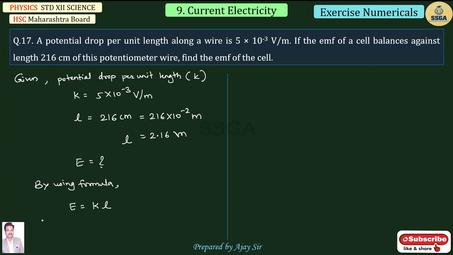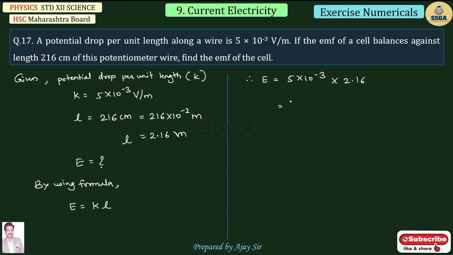So therefore let us put the given things. So here E is equal to K, K means 5 into 10 raised to minus 3 into L, that is 2.16. So let us multiply this.